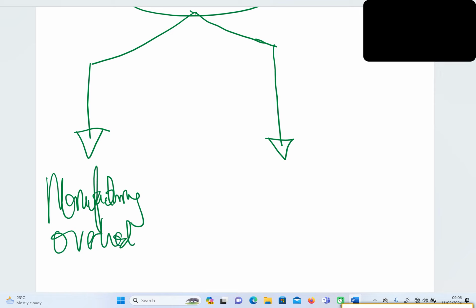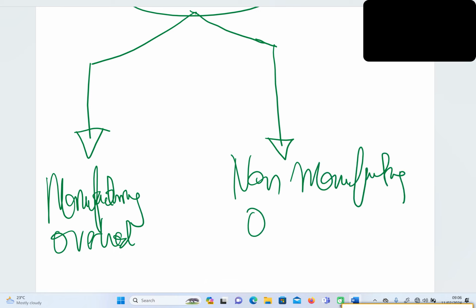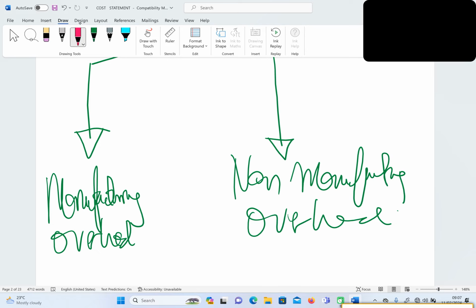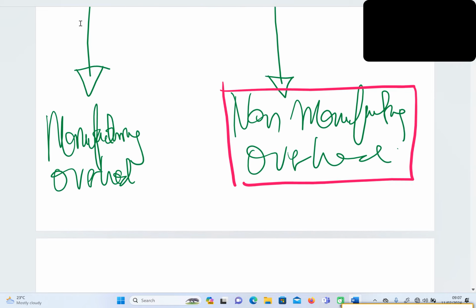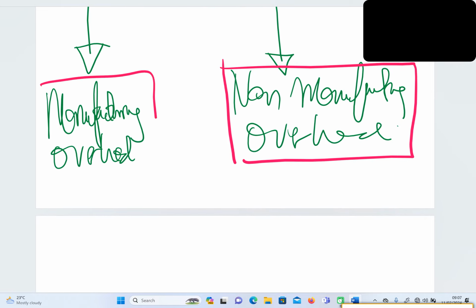Number two is non-manufacturing overheads. That's where we have those indirect costs in other cases.